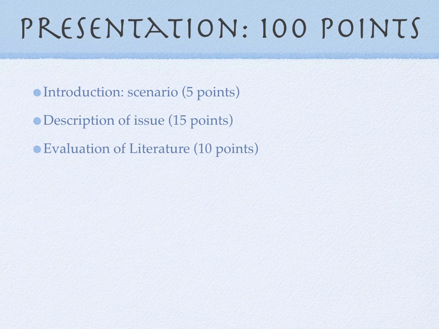So provide a description of the issue, critique the literature about it, tell us what's good about this particular topic, and what some challenges are about this particular topic or factor. So that one is just a big overview of the topic. You want to explain it to us so we understand it. So that's 25 points, those two areas combined.